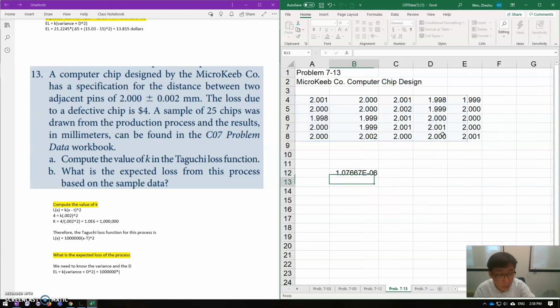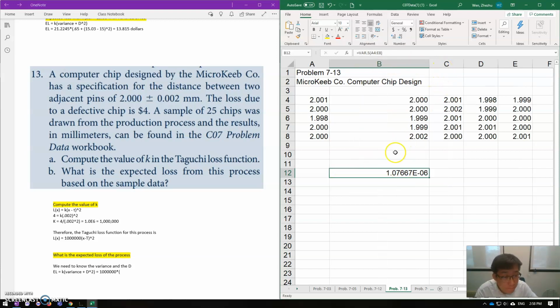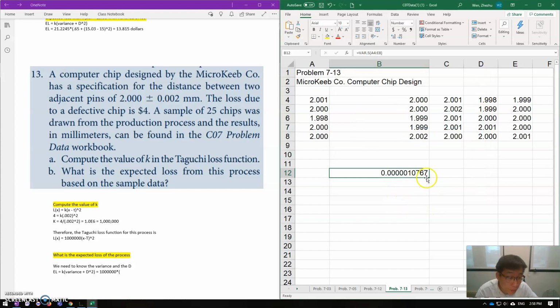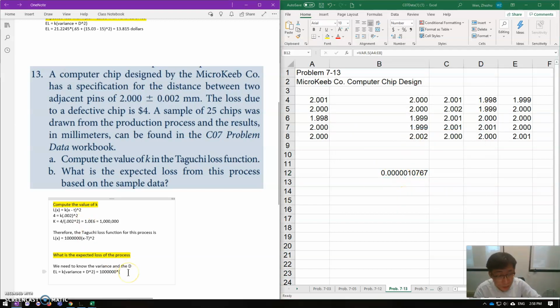Let's get all the samples here. Yeah, the variance is actually quite small. Again, I don't like it. The variance is 0.000001767.